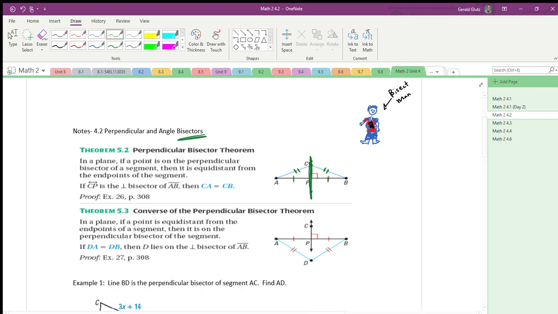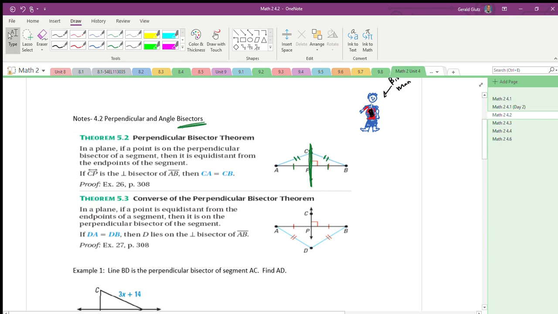We're going to talk about a few theorems. First one is the perpendicular bisector theorem. If we have two little triangles being cut by a bisector and AP and BP are congruent, then that means these sides have to also be congruent.